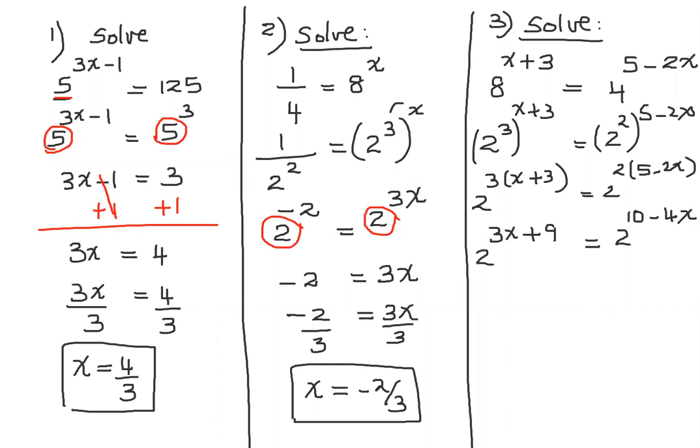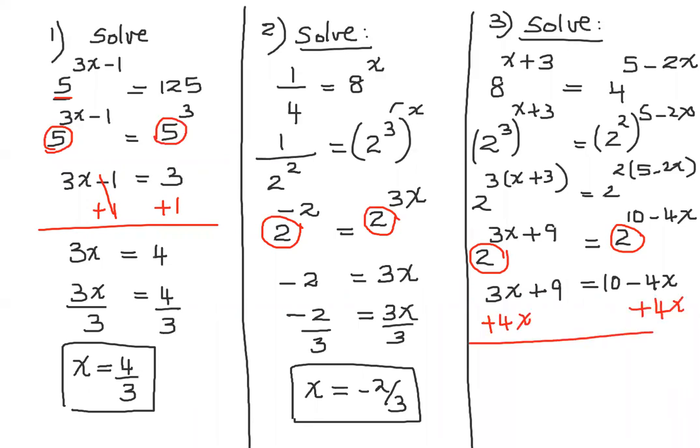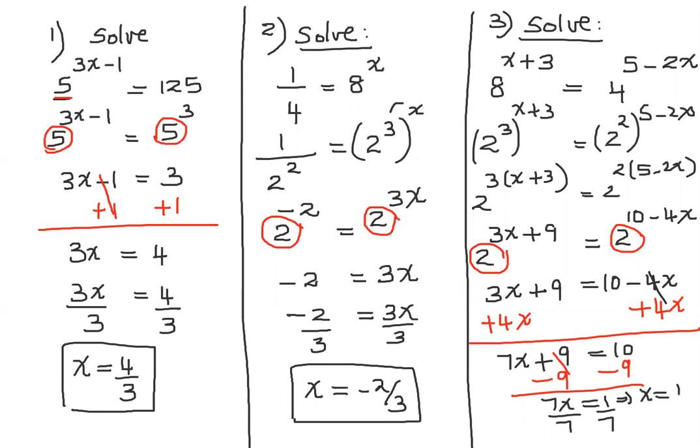Since we have the same base, the powers are going to be equal. Now we are going to get x by itself. Let's collect all the x together, so we add 4x to both sides. So we get 7x plus 9 equal to 10. Divide by 7, so we get x equals 1 over 7.